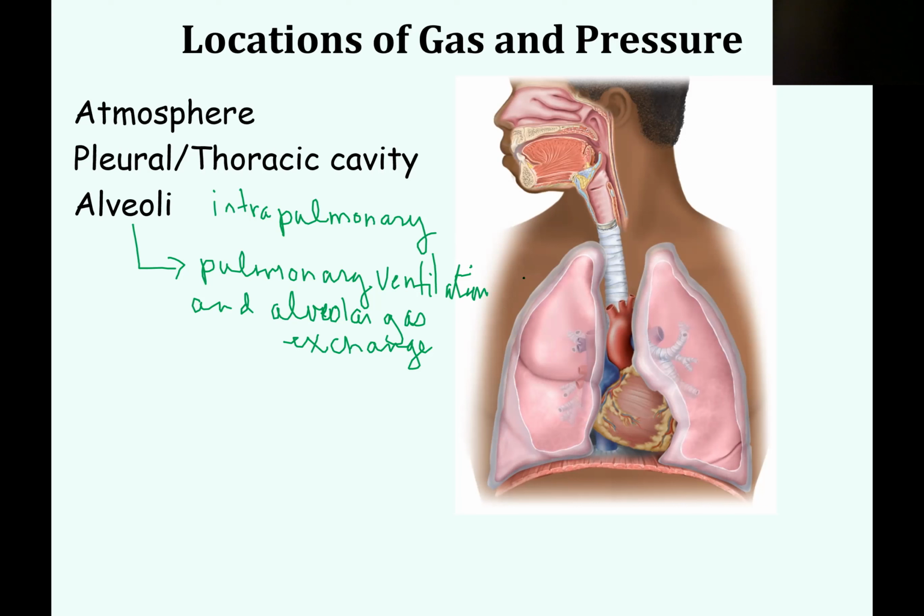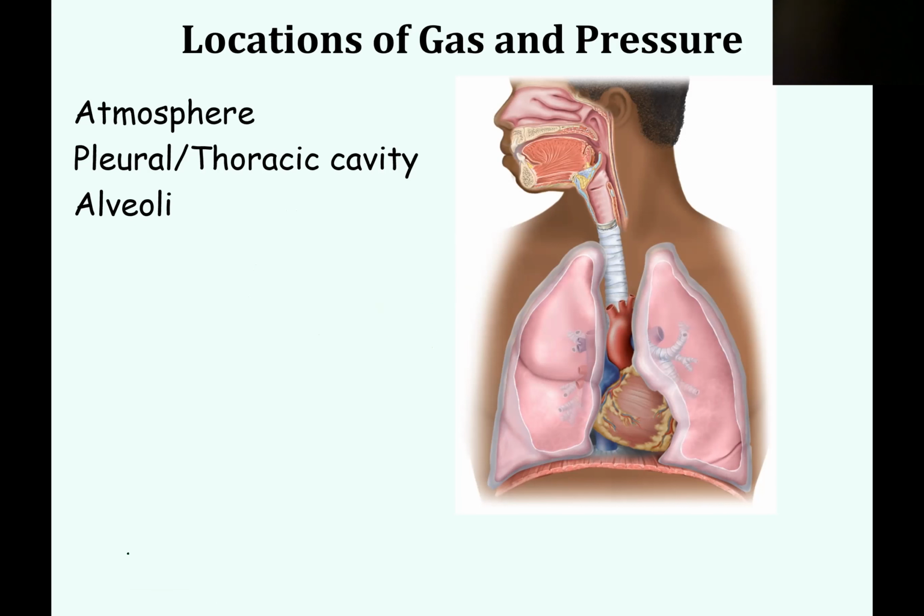The next area where we have gases and pressure is the blood. The blood is going to be exposed and involved in alveolar gas exchange and systemic gas exchange.